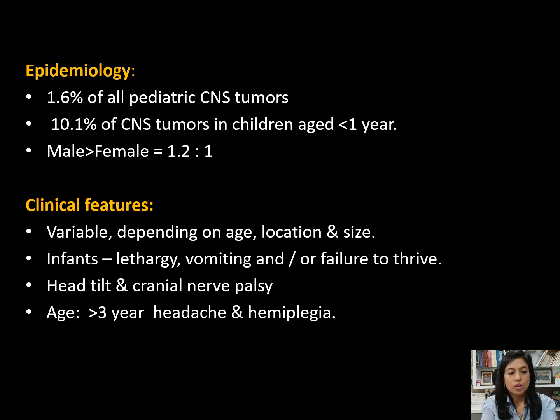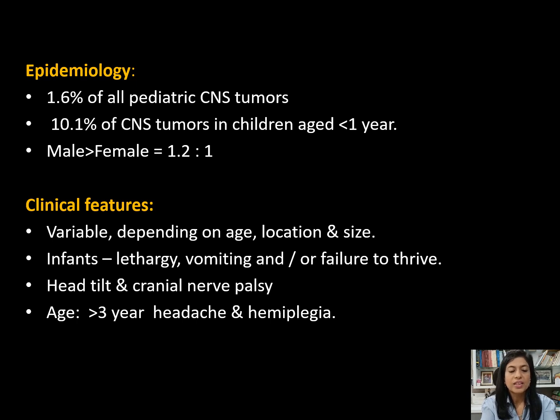Coming to epidemiology, they account for 1.6% of all pediatric CNS tumors and for about 10% of CNS tumors in children aged less than 1 year. There is slightly male preponderance. Now, clinical features vary depending on age, location, and size of the tumor.